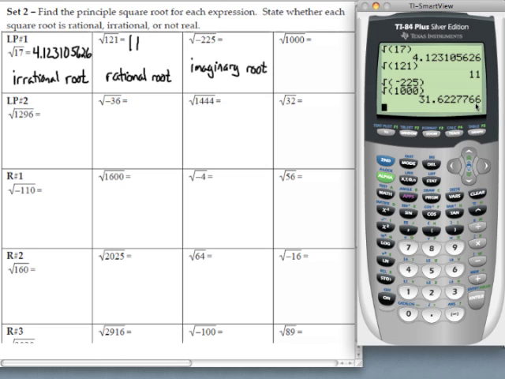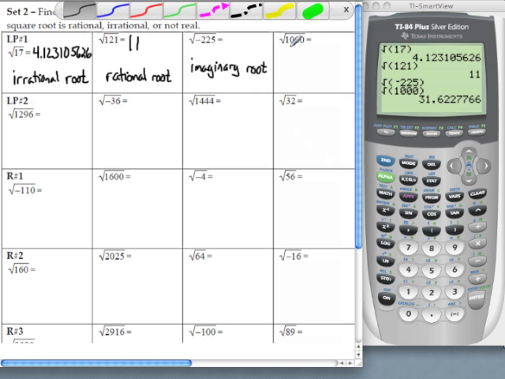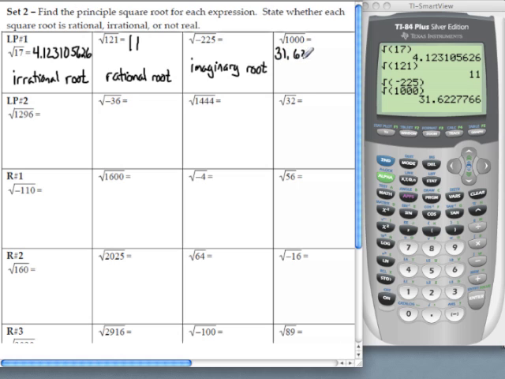This is going to be an irrational root. So let's copy that down. So we have 31.6227766, and this is irrational. So go ahead and complete your lesson practice number 2.